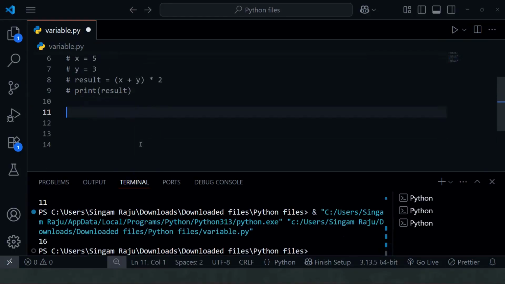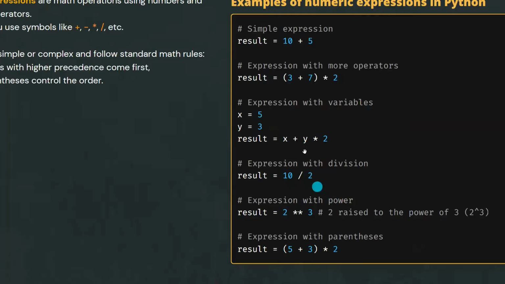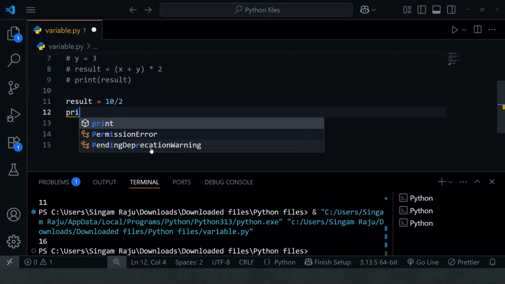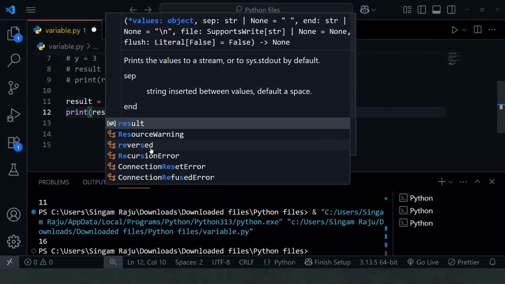And now let's talk about division. Alright, you know division, how to do it. You just have to do 10 by 2 and just print result.